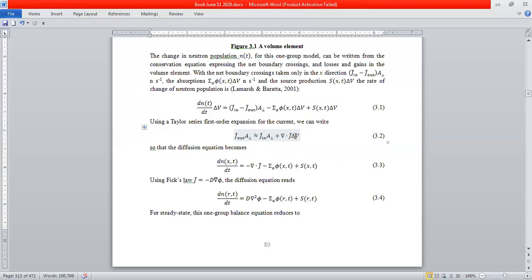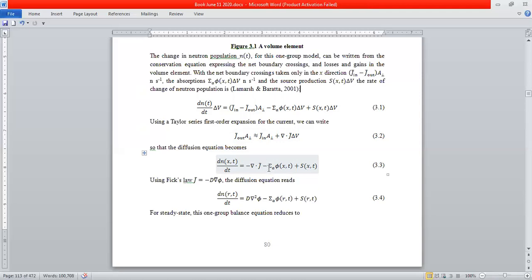So here's the divergence of J multiplied by delta V. Now, the diffusion equation over here comes out to be dN by dt is minus the divergence of J. I've just written it J because now we're just talking of J. The J ins have cancelled out.